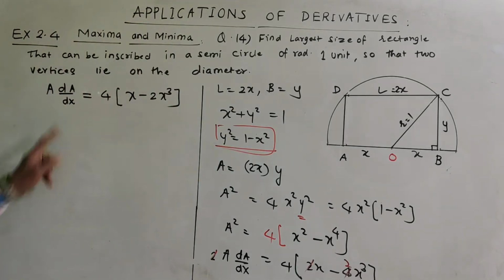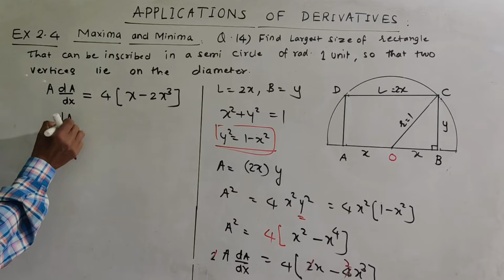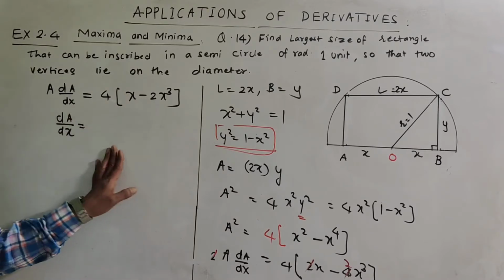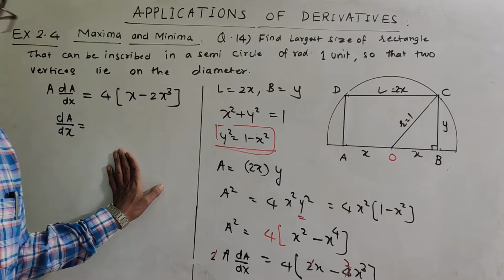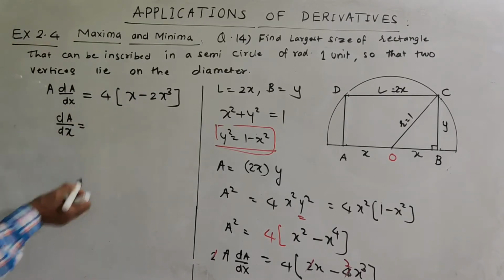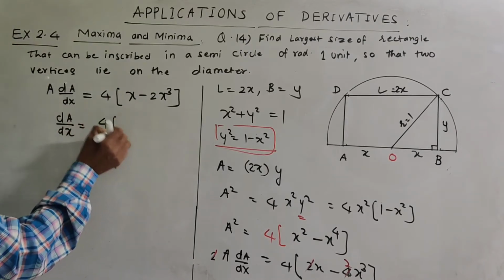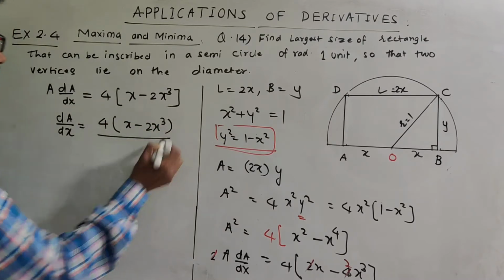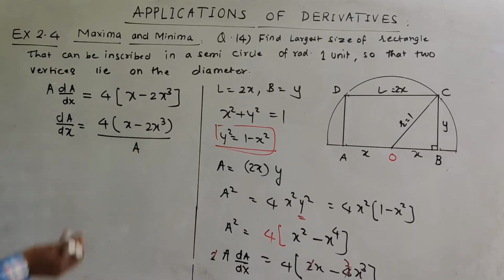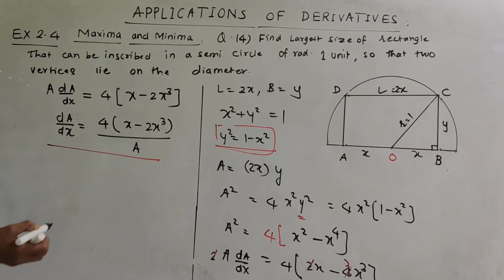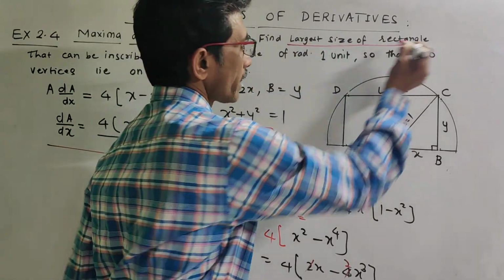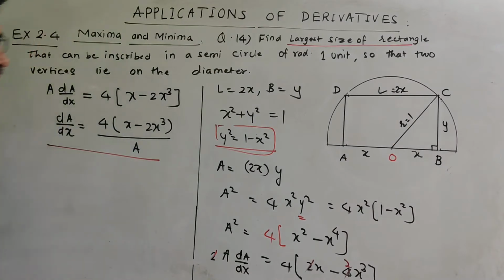Now dA by dx will be what? First order derivative, dA by dx. We are doing this by using second order derivative test. So dA by dx will be 4x minus 2x cube upon A. Now this first order derivative we equate with 0. So as we want to find the largest size of rectangle, that means maximum area.